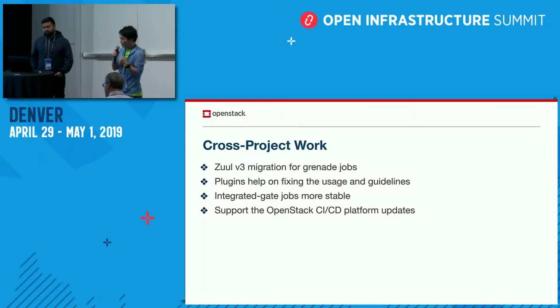As already said, integrated jobs should be more stable, and we need to do that. And the last one is to support the OpenStack CI/CD platform updates. So we need to keep up with the updates every time.